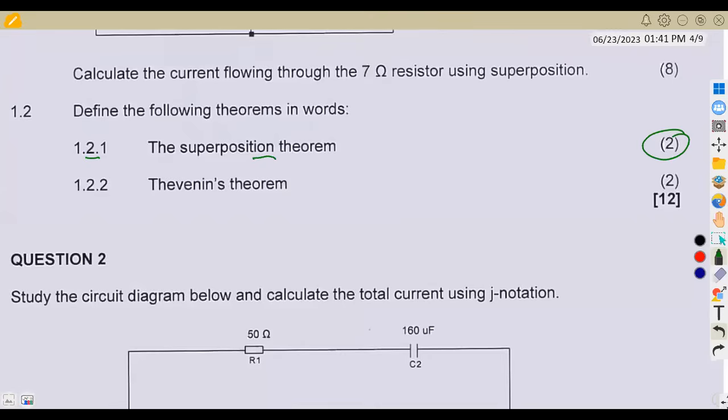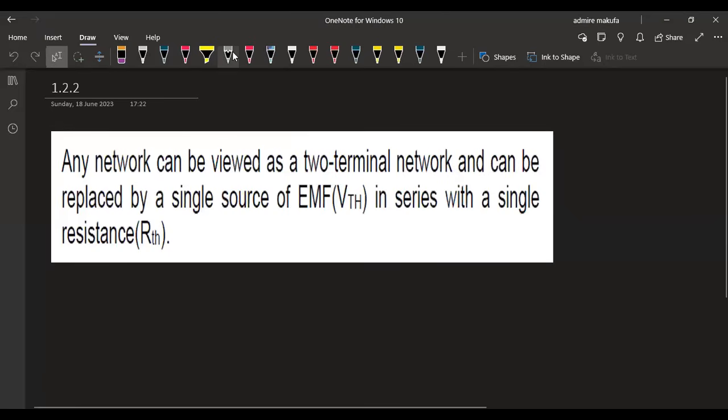Let's check the other part of the question. Now we are given to work on Thevenin's theorem, which is again 2 marks. Any network that we are given can be viewed as a 2-terminal network and can be replaced by a single source of EMF, which is VTH, in series with a single resistance, which is referred to as RTH.